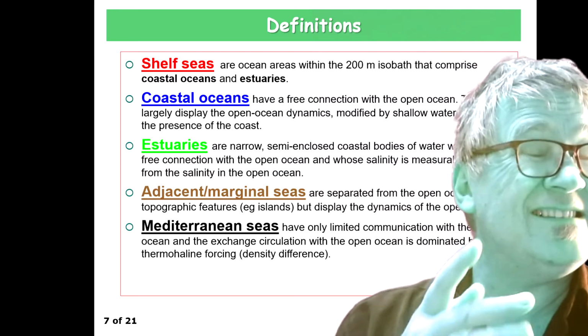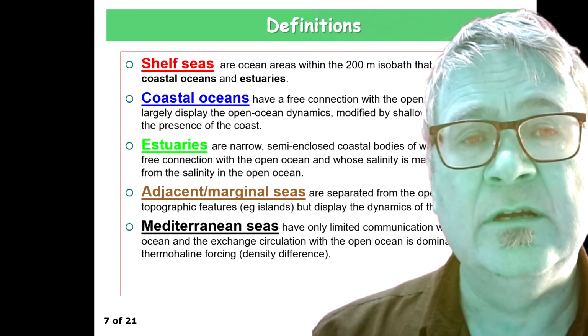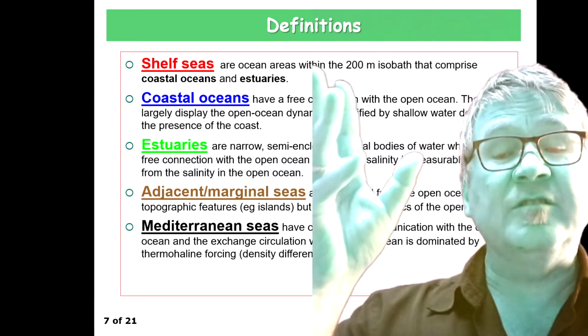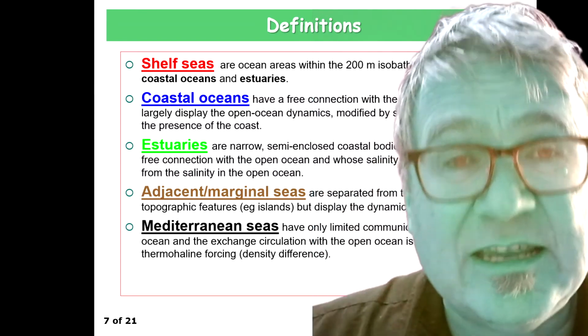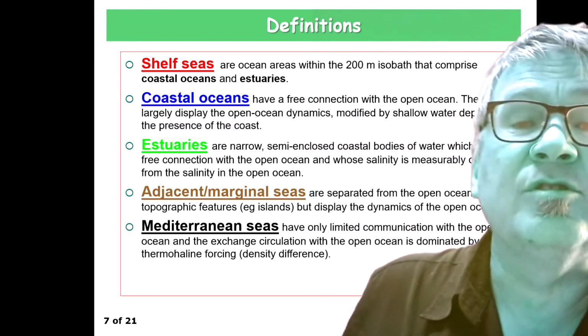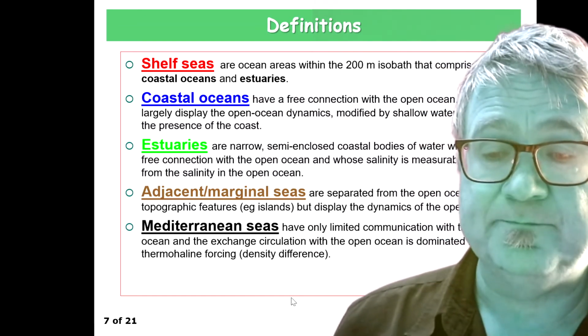You will see that they're actually similar to estuaries because the exchange circulation is also dominated by density differences, but Mediterranean seas have deep basins and are large regions, and they can also have wind-driven gyres and things like that.